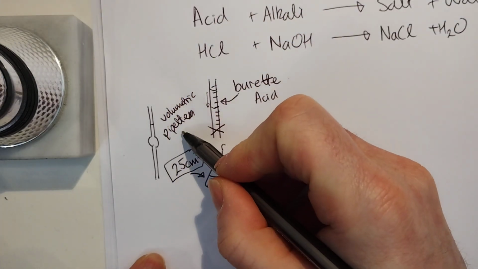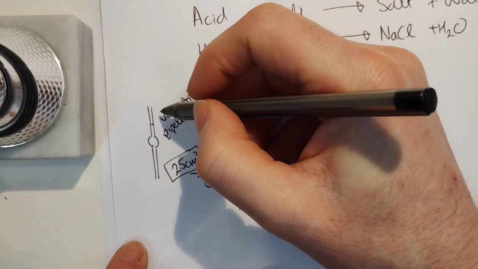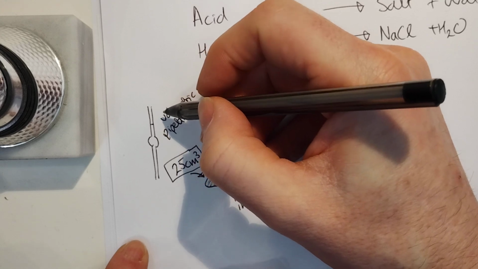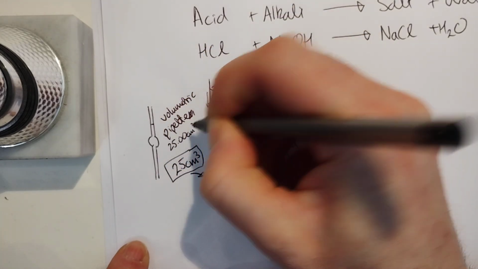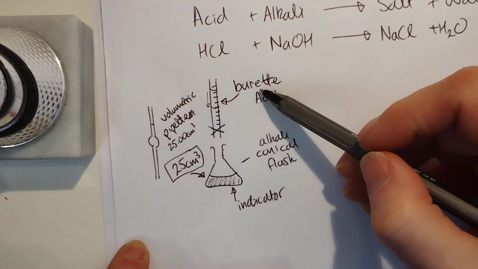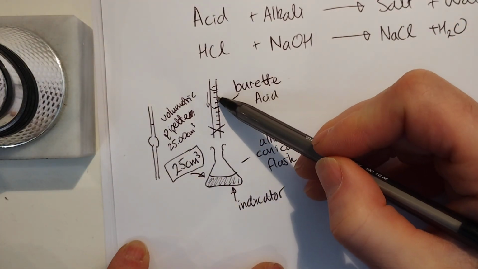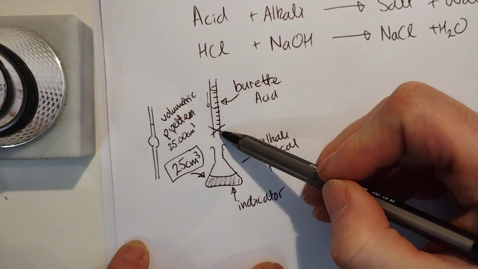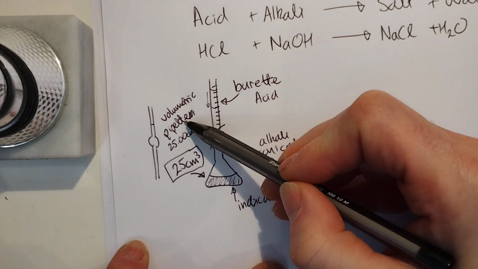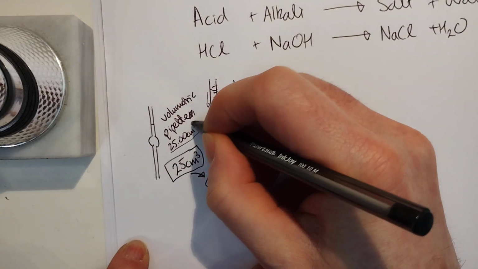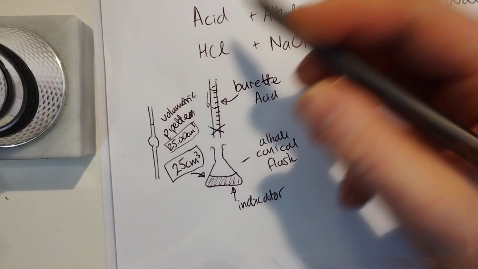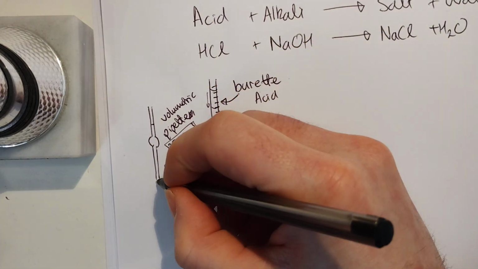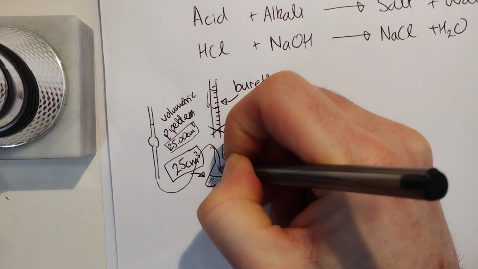It has got one job, and its one job is to measure out 25.00 centimetres cubed of solution. The burette measures various different volumes very precisely, but a volumetric pipette measures one volume very precisely. So what we're going to do is take a solution and that's going to go into there.